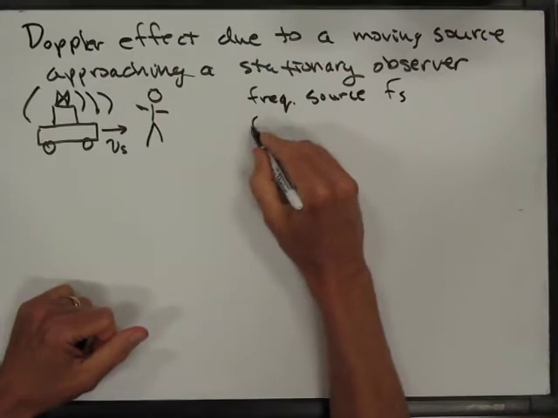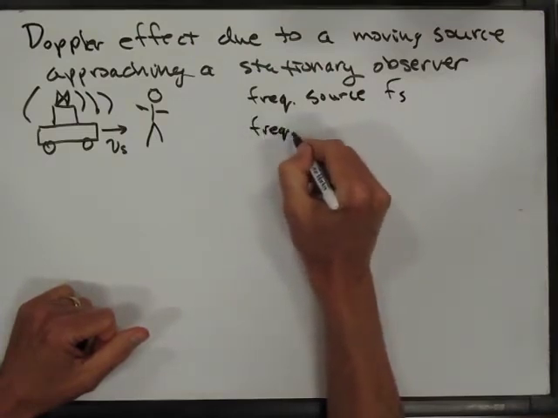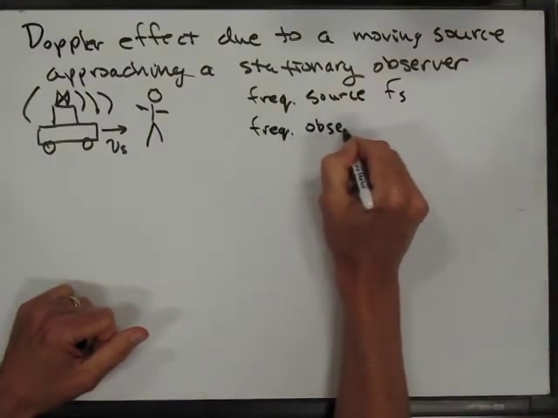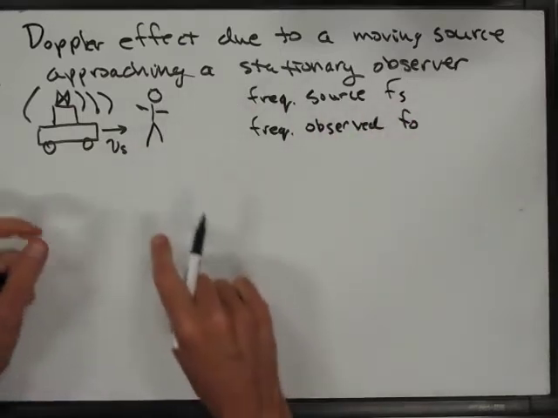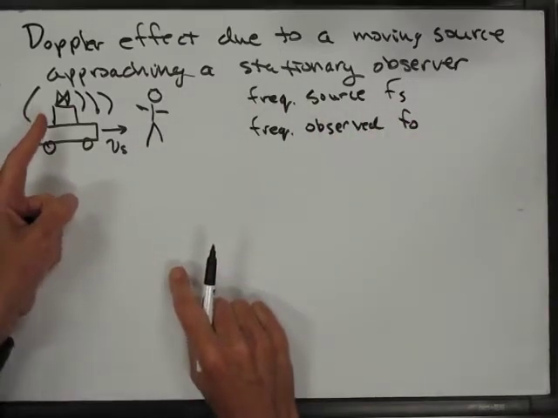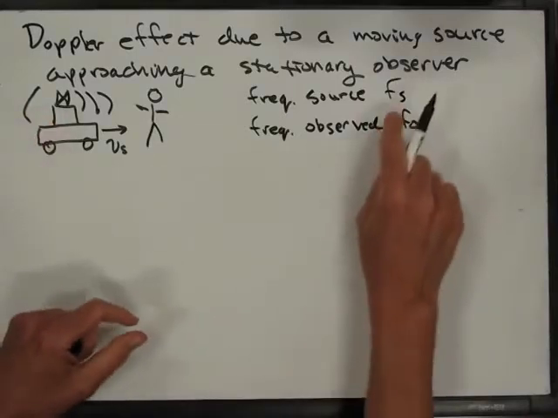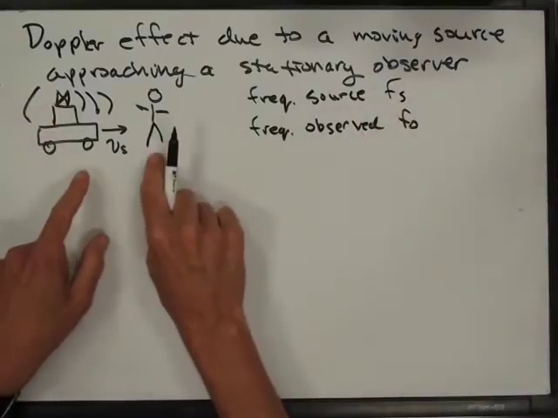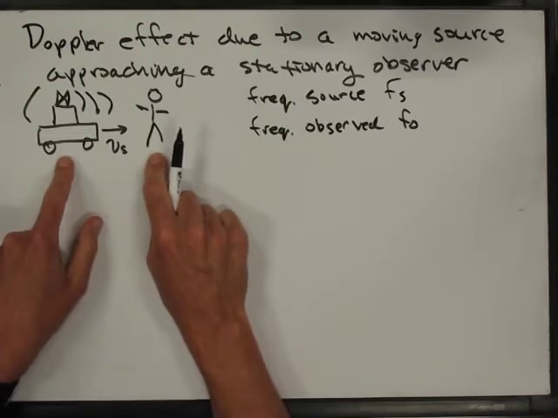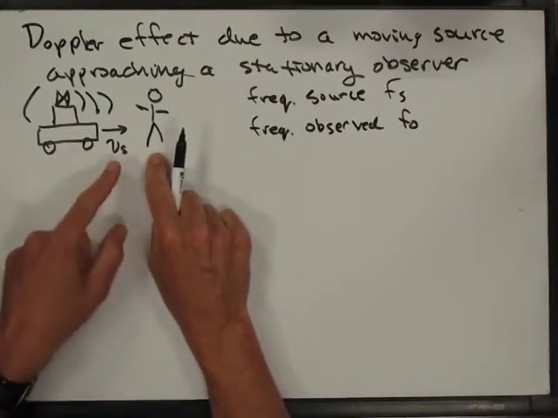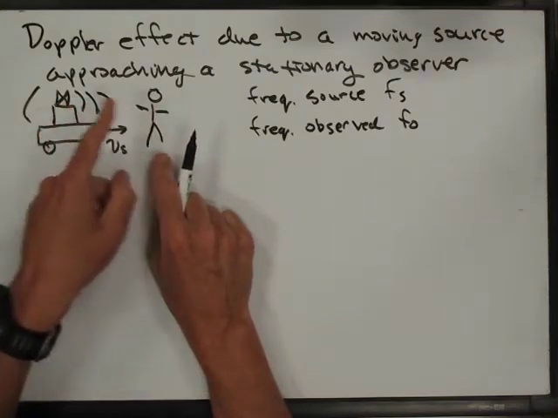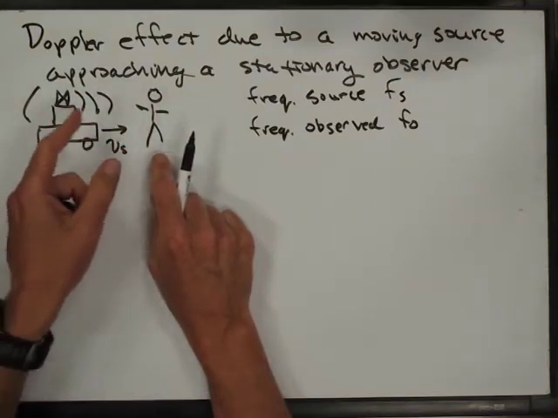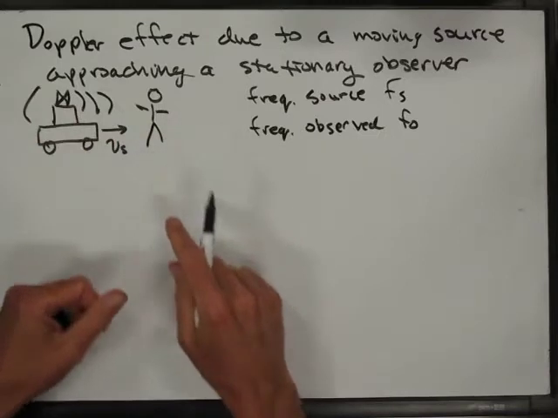And then we'll talk about the frequency observed. The initial frequency of the source would be what this person would see if the car was at rest, right? But now that the car is moving, this person hears a higher frequency because the waves are bunched up, and when they go by quicker, they've got a shorter wavelength, and so he gets a higher frequency out of it.